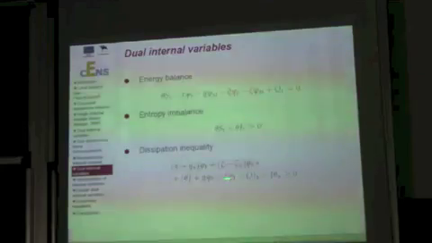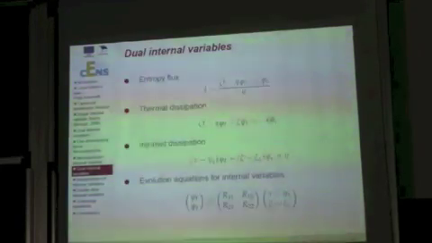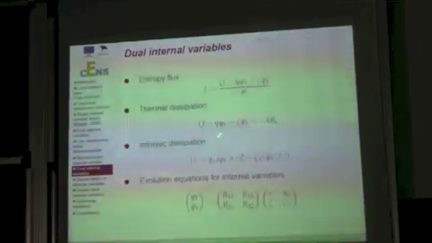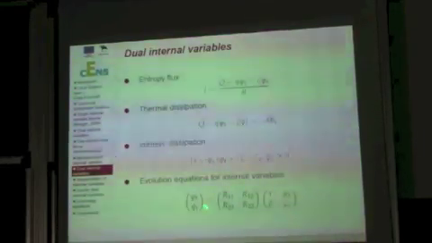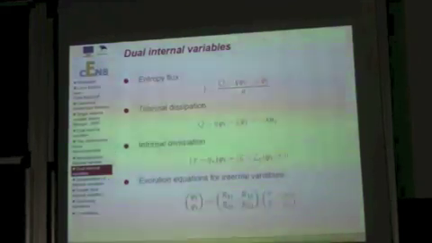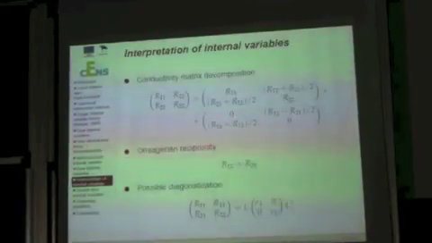Again, we eliminate this divergence term in this way, determining the entropy flux in a more general shape. Thermal dissipation is achieved by generalization of the Fourier law, and intrinsic dissipation gives us the evolution equation for the internal variable again in matrix form, and just now we start to analyze this.